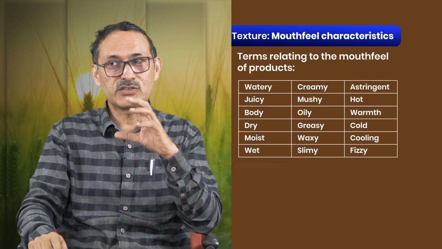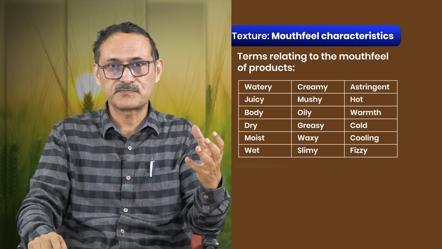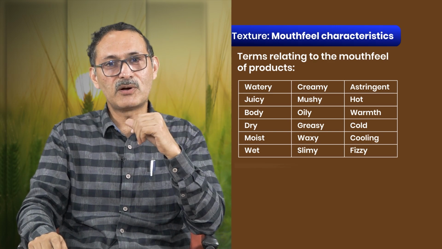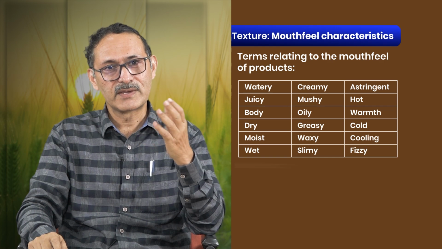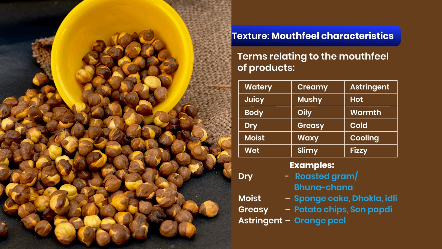And within texture, when texture is perceived, a mouthfeel is developed. And on the basis of the mouthfeel, texture is also defined. Say, for example, a product like roasted chana, bhuna chana, can make your mouth feel dry. So the mouthfeel is dry.